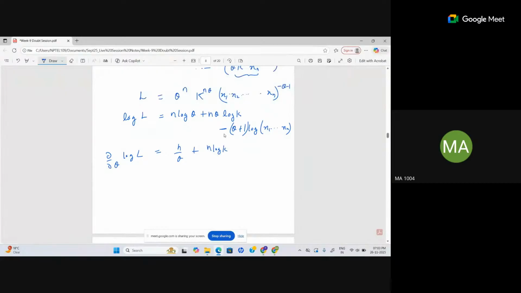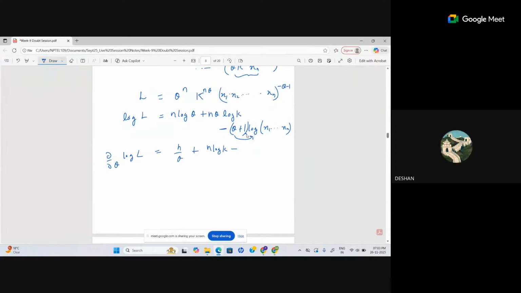And then next we have minus theta times log of x1 up to xn, and when you multiply it with 1, there will be no theta, so the differentiation of that will be 0. Is this line clear? Yes, ma'am.